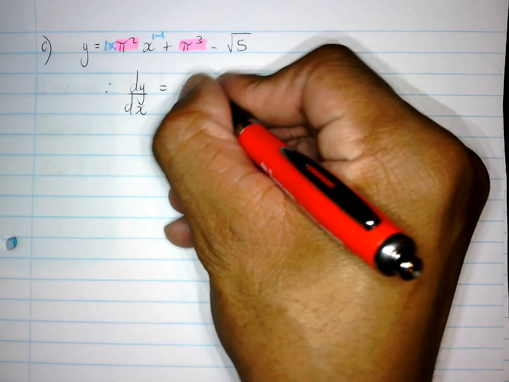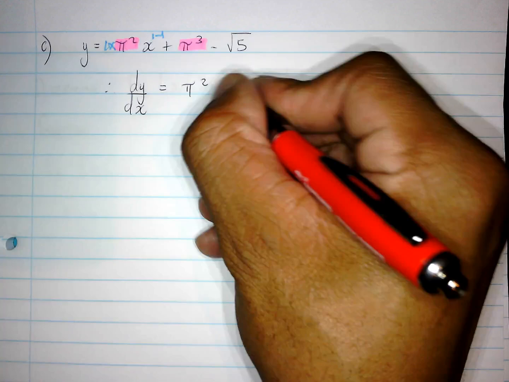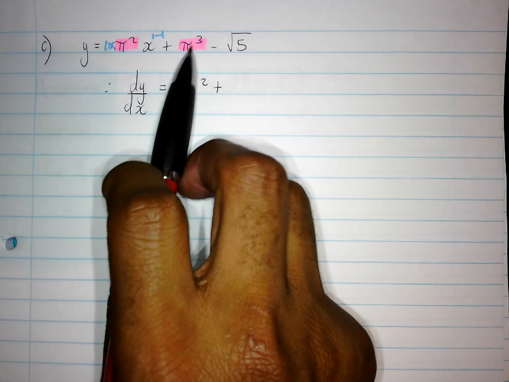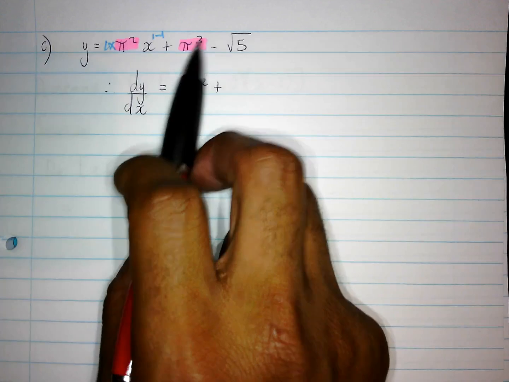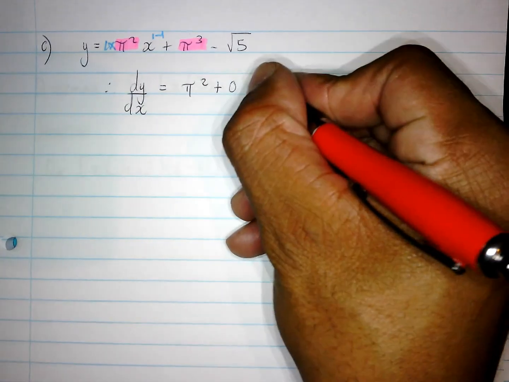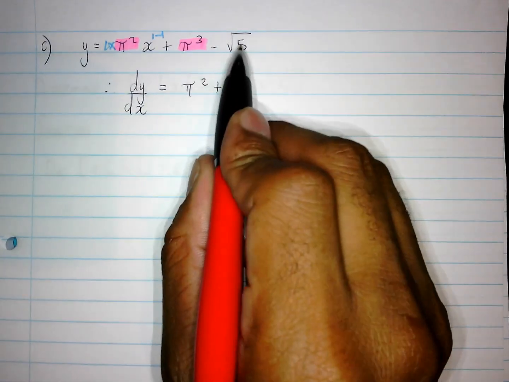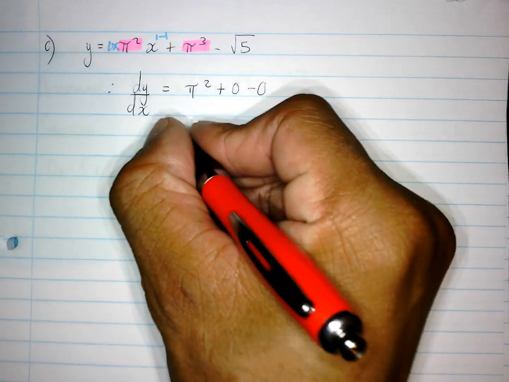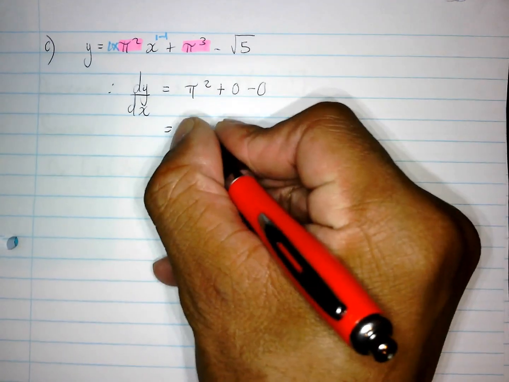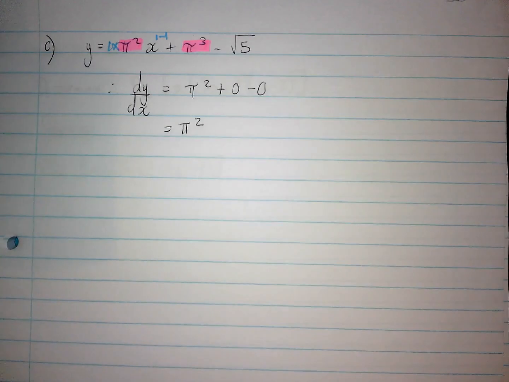Then we have pi squared plus pi to the power 3. Remember, pi is going to be a constant value, right? So it's going to be 0 minus, then square root 5 is also a constant value, which equals 0. So therefore, your final answer is going to be pi squared, right?